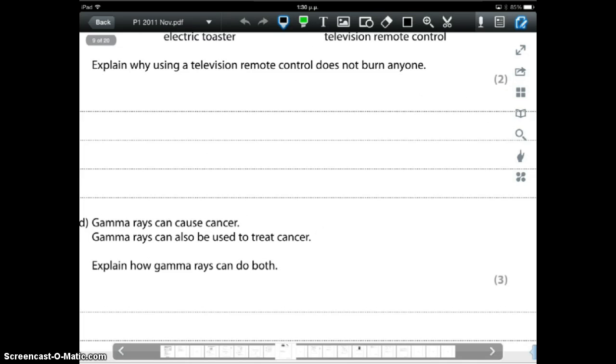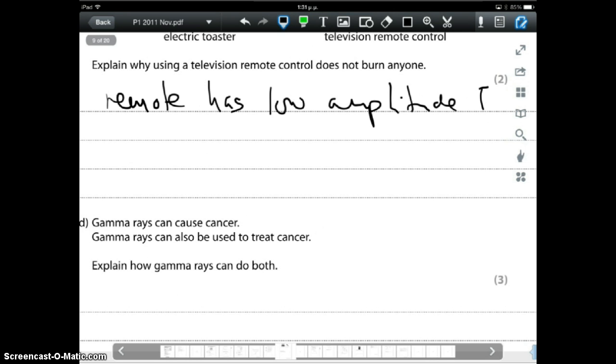So the remote has low amplitude infrared. Another aspect of the answer may be to do with frequency.